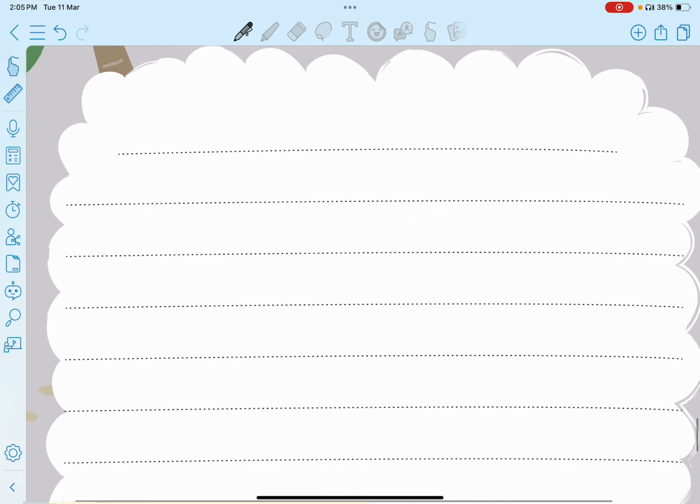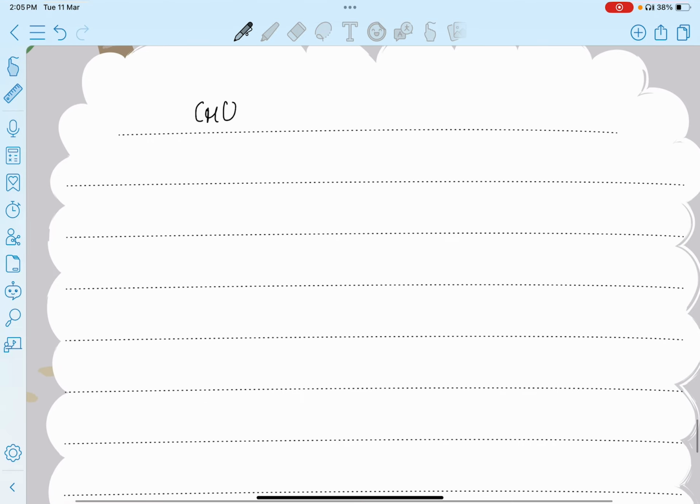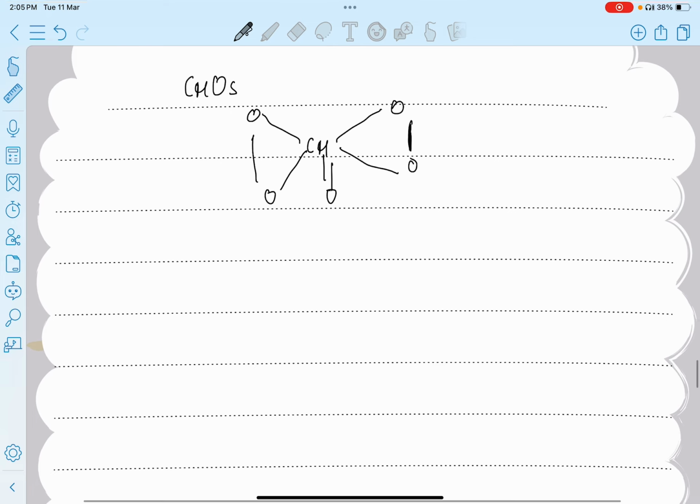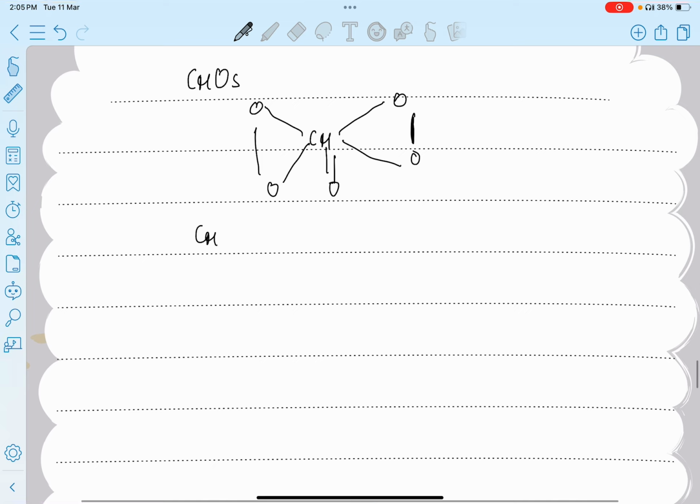Now we have one more example, CrO5. Okay, so in CrO5 the bonding looks like this: one oxygen, two oxygen, and there are four oxygen by the peroxide bond. So CrO5 we can write like CrO4 and O. Cr is x, O4 is minus 1 multiplied by 4 because these four oxygen have peroxide bonds and oxygen in peroxide has minus 1 oxidation state.